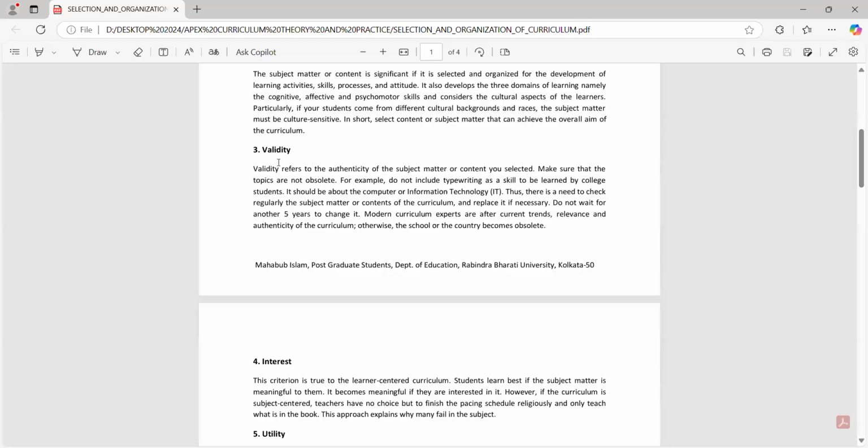Now there's a very nice example. Our time, about 30 years ago, maybe 35 years ago, when I was doing my A levels, there was a subject called stenography.